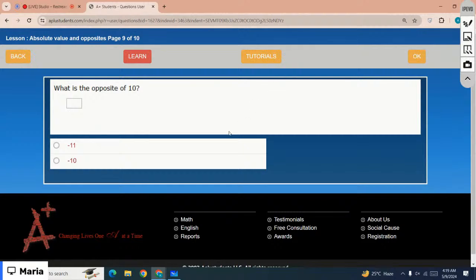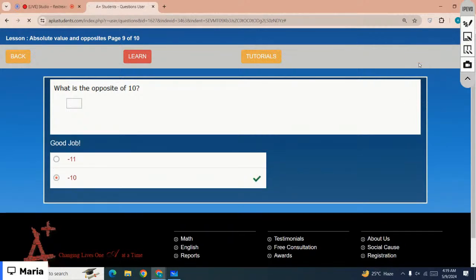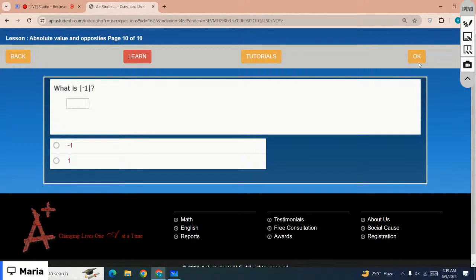The correct option is negative 10. What is the absolute value of negative 1? Again, the positive value 1, right?